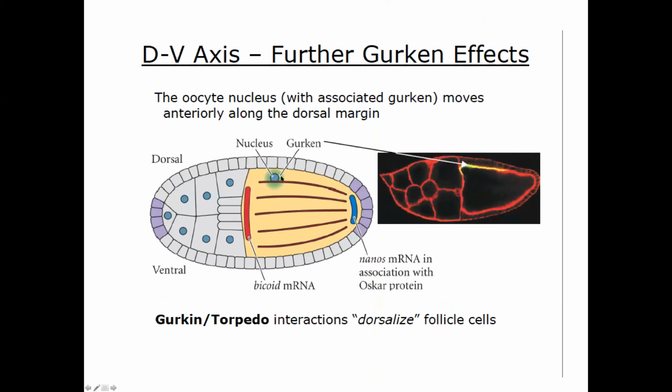So the nuclei actively move. So I'm assuming there is active recruitment of microtubules and cytoskeletal proteins that coordinate this, having it localized here and then having it actively migrate here to result in the determination of the dorsal-ventral polarity.